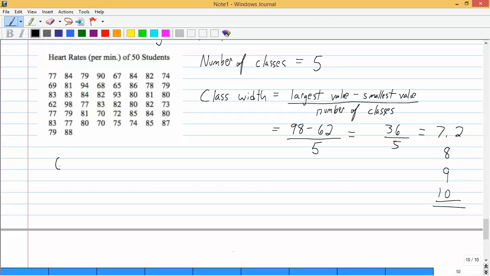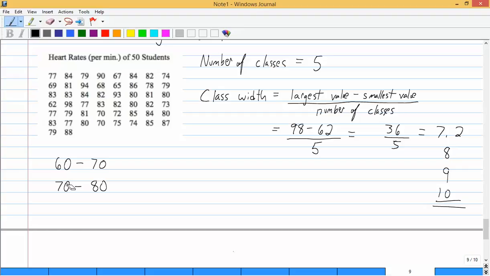So let's say from 60 to, now if I use 10, then that would be to 70. So then my next class would start at 70 and go to 80.